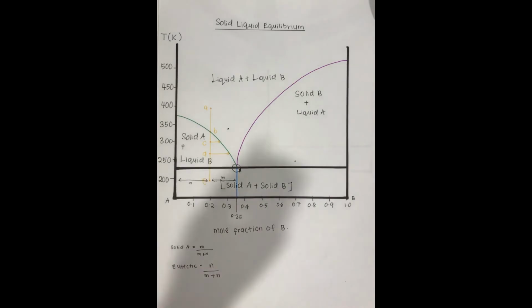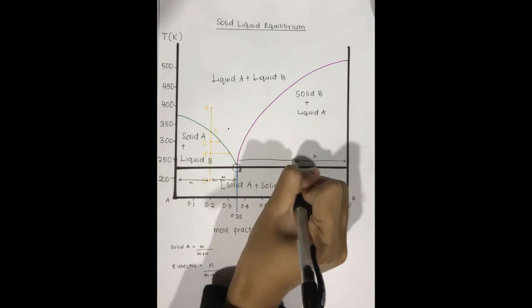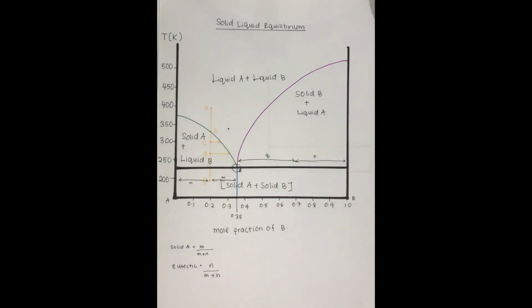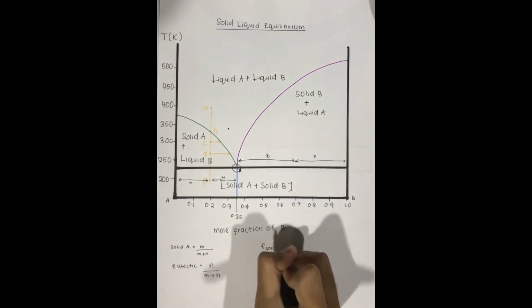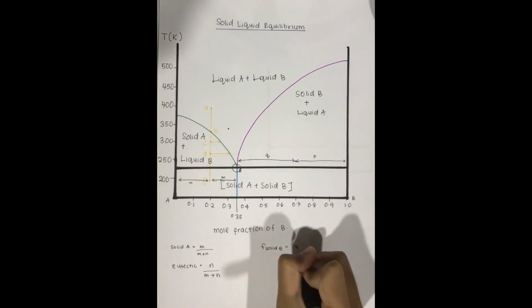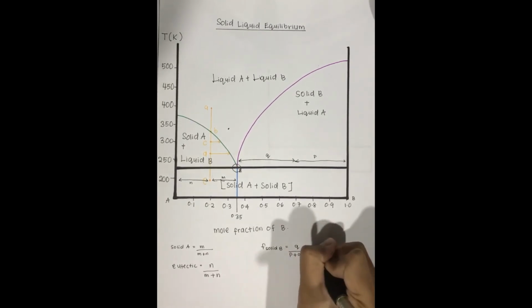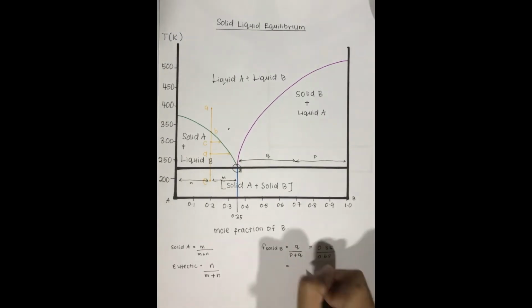First, we label the distances as P and Q. So, the fraction of solid B is equal to Q over the total distance, which is P plus Q, which brings 0.35 divided by 0.65, and the answer is 0.5385.